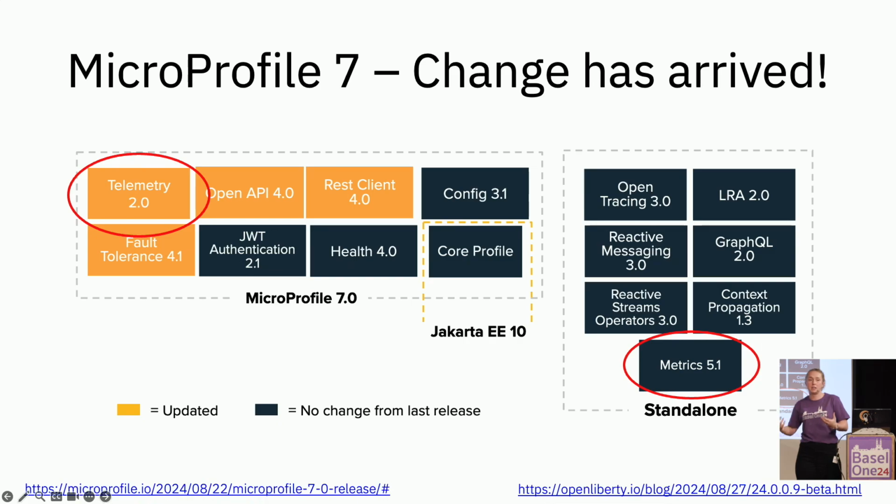So now in Telemetry 2.0, as well as doing tracing, which was enabled in the first MicroProfile Telemetry, you can also do tracing, metrics, and logs through the Open Telemetry specification. So it's trying to merge all of that telemetry data together under one API to make it a lot easier to use. But that's the new stuff that's arrived in MicroProfile 7.